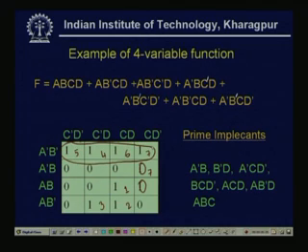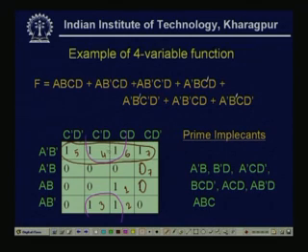Now, similarly, if I group, say this is one, this is one, see another quad can be there. If I fold, this can be another quad. Now, for this quad, what will be the reduced term from the K-map?